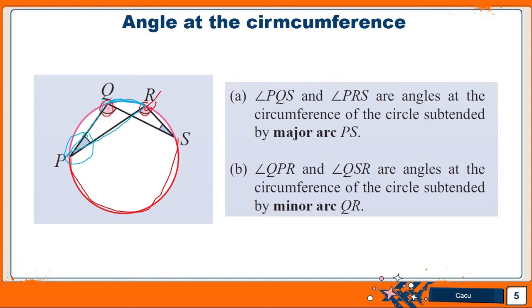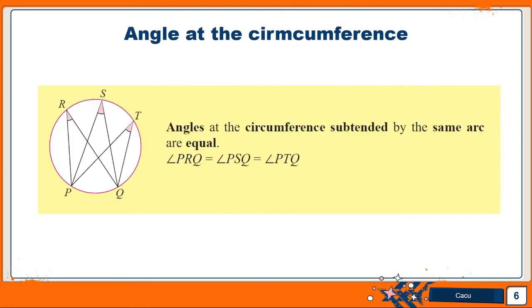And from Q and from R, at the circumference, this is angle QSR. You have to remember these two angles are the same. Why the same? We look at the next slide here.